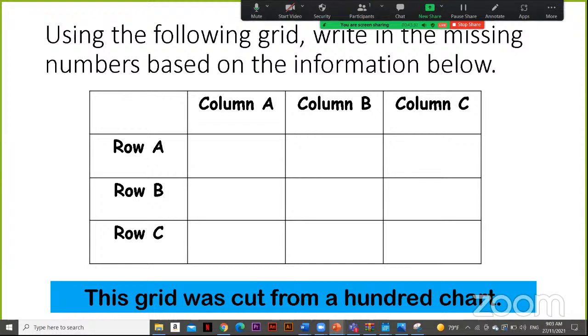Now I should have had a picture here to show you what we're really talking about. So let me go ahead and find a picture like that.